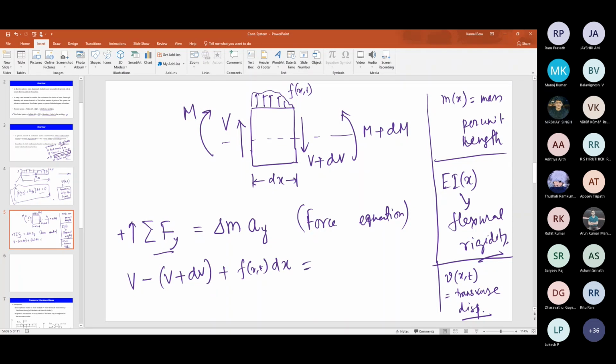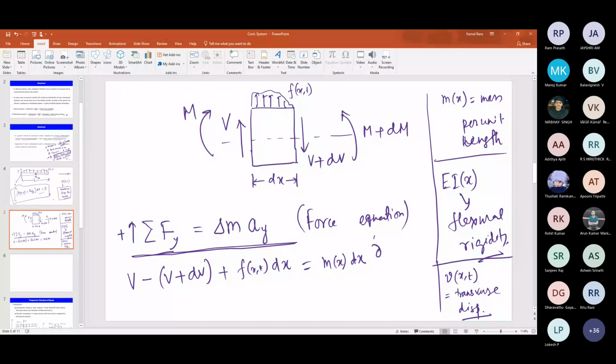That equals the inertia. Sum of the forces, Newton's law. We are applying Newton's law, not D'Alembert's law. Force equals mass into acceleration in that direction. So the summation of forces is equal to mass. The mass of this elemental length will be m(x) into dx, the mass per unit length into dx, into acceleration.